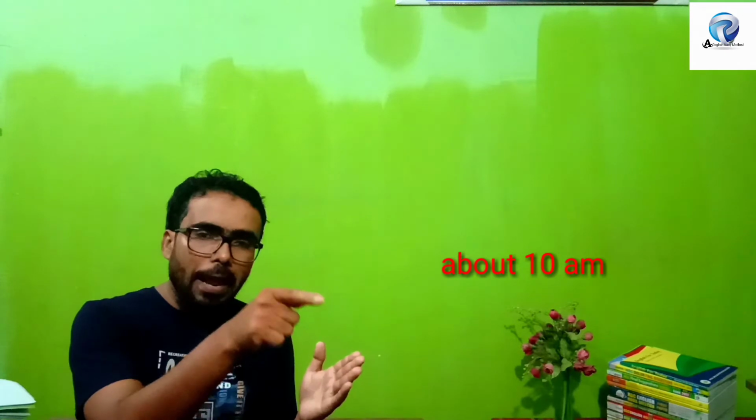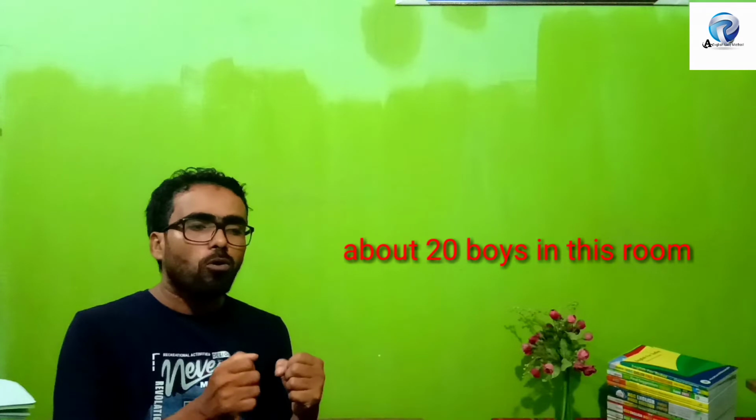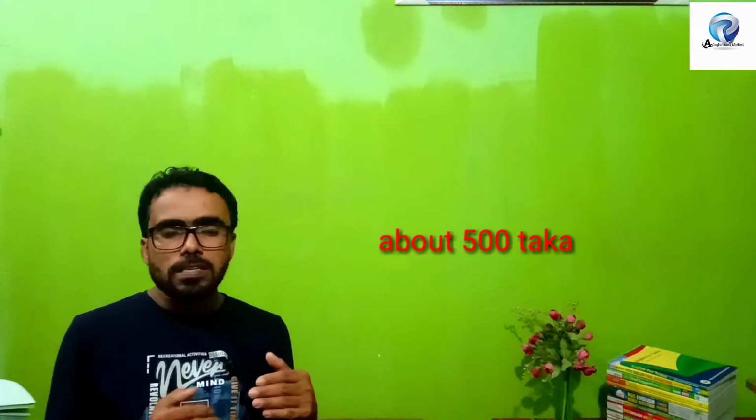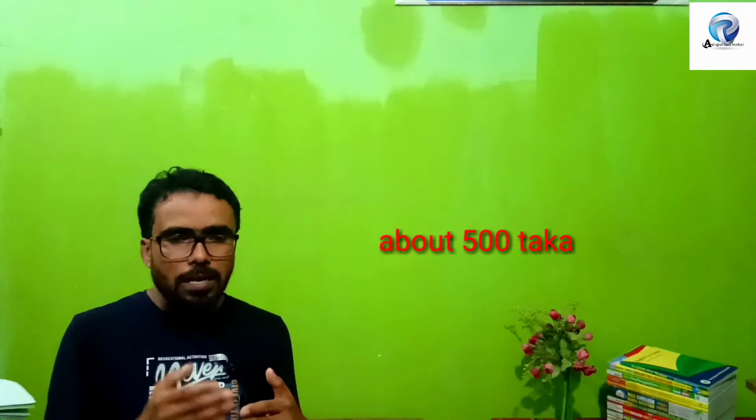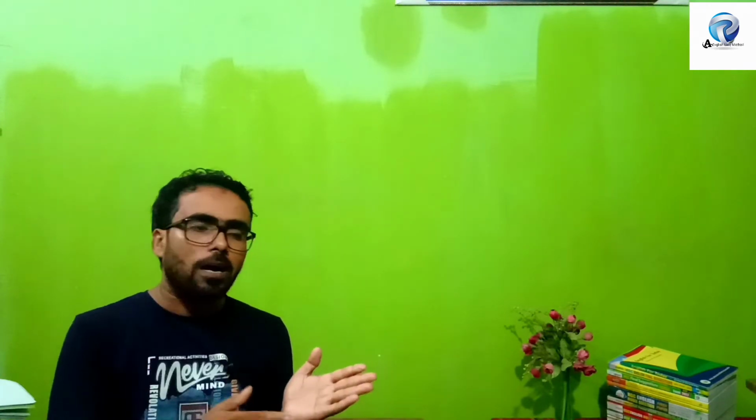When you mention it in the sentence, you can use about before that number: about 10 a.m., about 20 boys in this room, about 500 taka. This is nearly 500 taka, less than or over 500 taka. You can say about 500 taka, about 100 taka, about 5 students, about 20 teachers in your institution, etc.